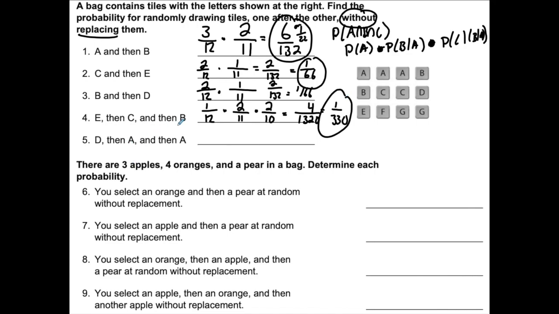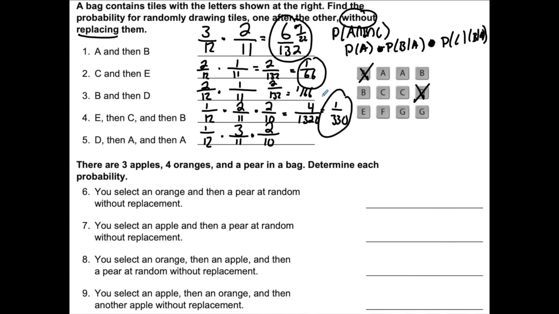All right, D then A then A. So D, I've got a 1 in 12 chance. 1's removed, so 11 are left, and I've got 3 A's. Now here's where it gets tricky. So I have 10 left, but I've also removed an A, right? So I removed an A, and I removed D. So now there's only 2 A's left out of 10, because if 1 A has been taken out, there's only 2 remaining to choose.